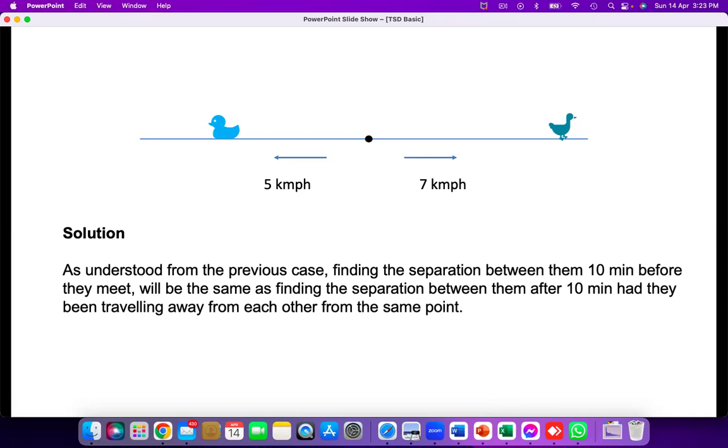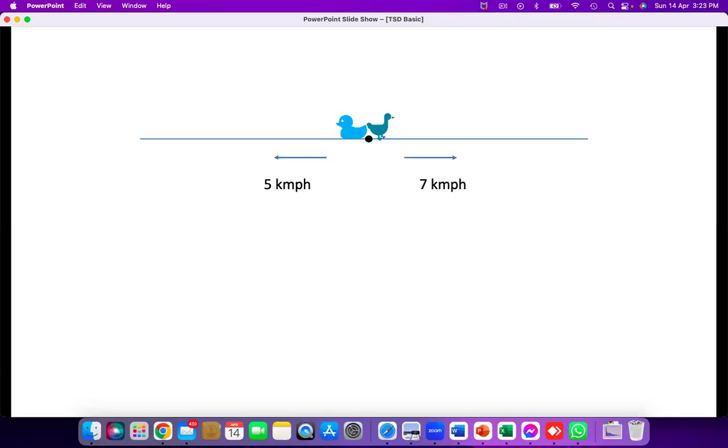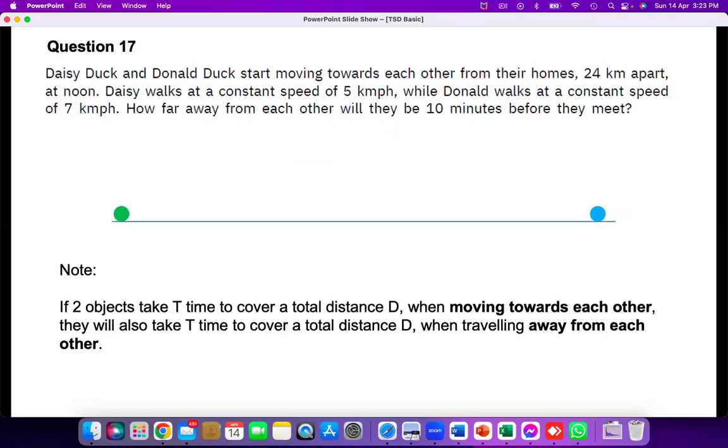See, first you calculated when they meet, right? So they meet in 2 hours. Now the question is asking how far away from each other they will be 10 minutes before they meet.